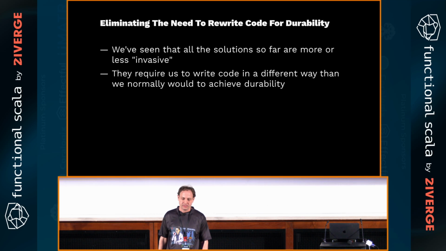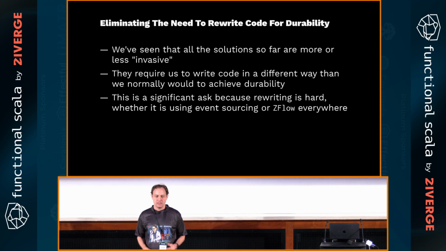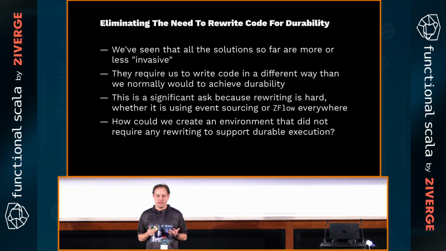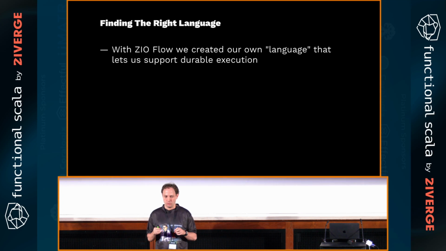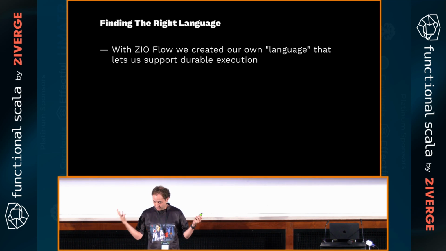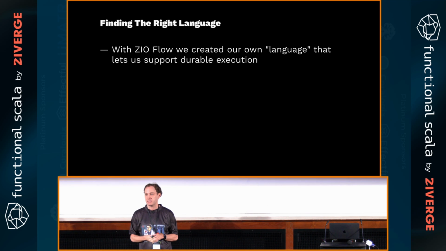Well, I think to do that, we got to think about the right language. And so with ZO Flow, we got to create our own language. And so we got to create whatever language we wanted that had the properties we needed. And so that's why we added all these things to it.